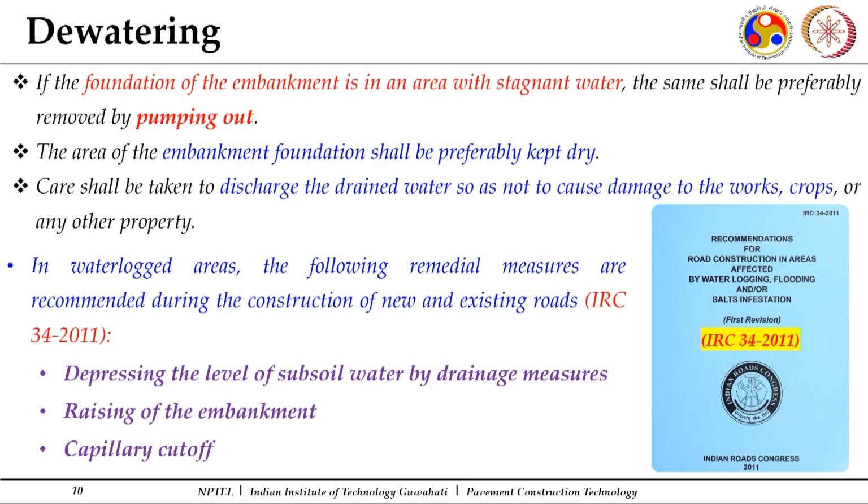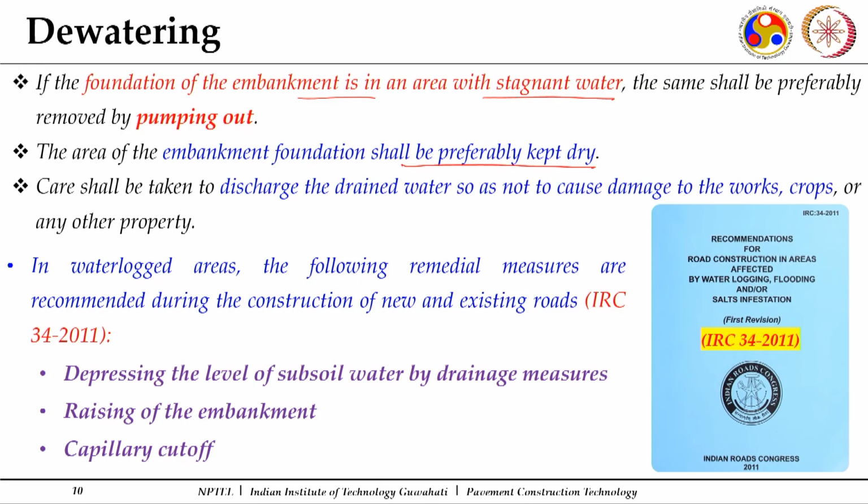Now thereafter comes the dewatering exercise. There may be some existing water, waterlogging or standing water. So if the foundation of the embankment is an area with stagnant water, the same shall preferably be removed. Specifically, we can pump out the water so as to make that particular embankment foundation dry enough.